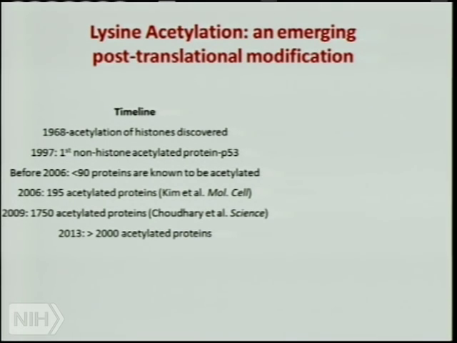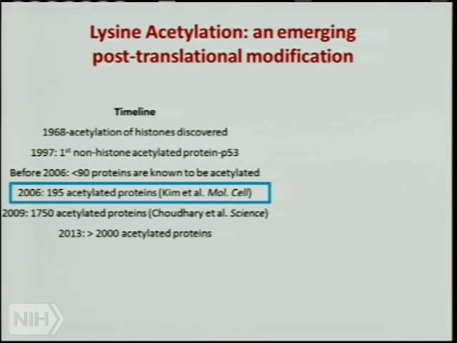And then this paper came out by Kim et al. in Molecular Cell, and this advance is aligned with increased mass spectrometry for looking at these post-translational modifications, where they found 196 proteins, and now there's in excess of 2,000 acetylated proteins.